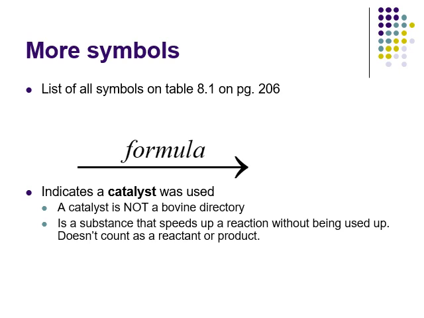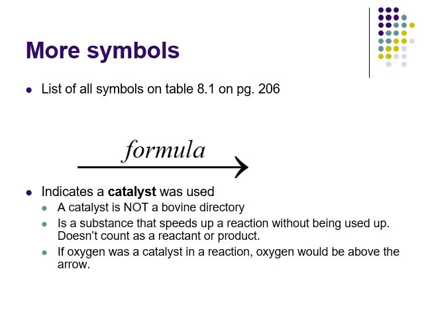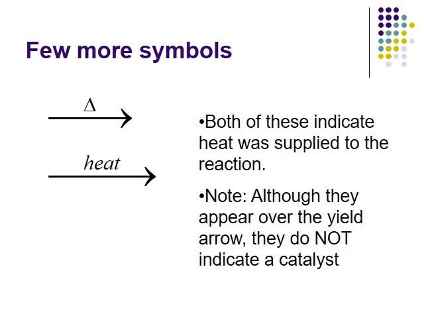It is a substance that speeds up a chemical reaction without being used up. It is not considered to be either a reactant or a product, which is why it's above the yield arrow. As we move forward in chemistry, we'll learn why catalysts do that and how they work. So for example, if oxygen was a catalyst in a reaction, we would put O2, or even the word oxygen, above the yield arrow.